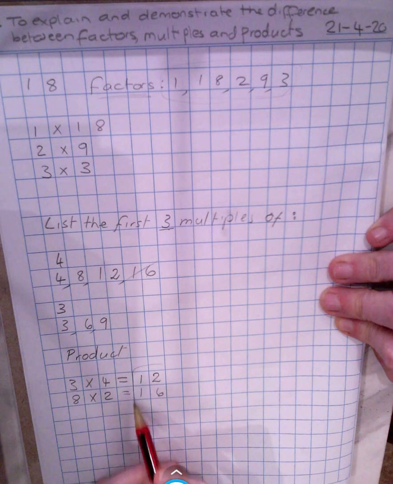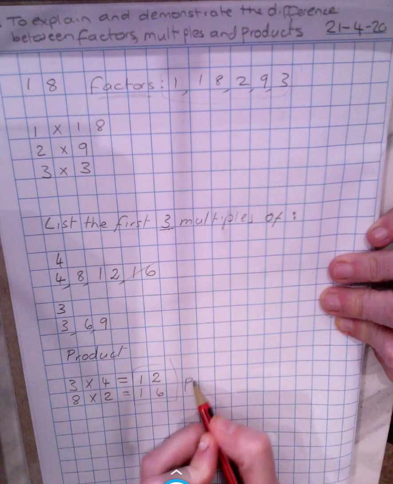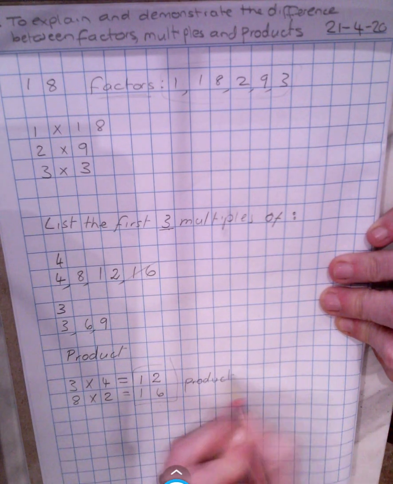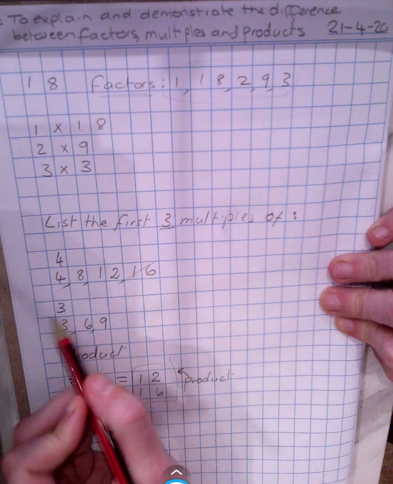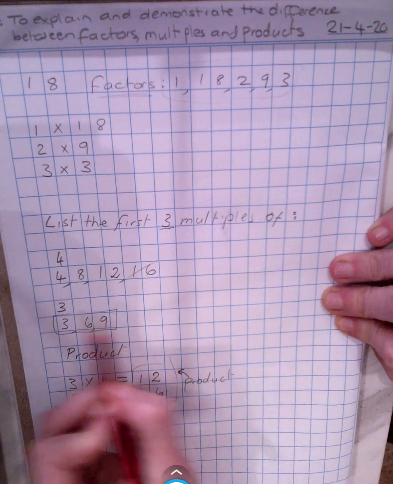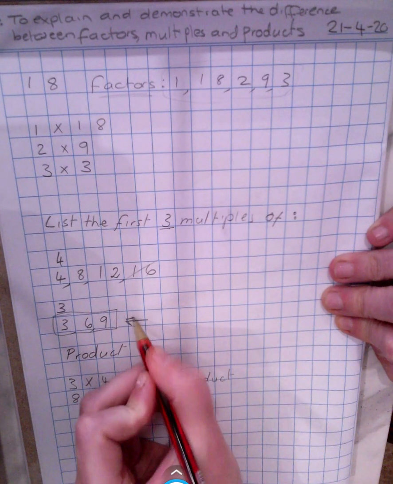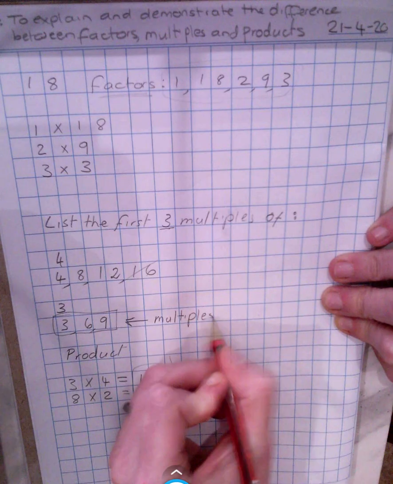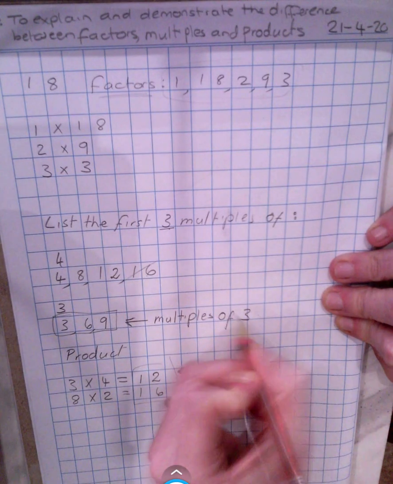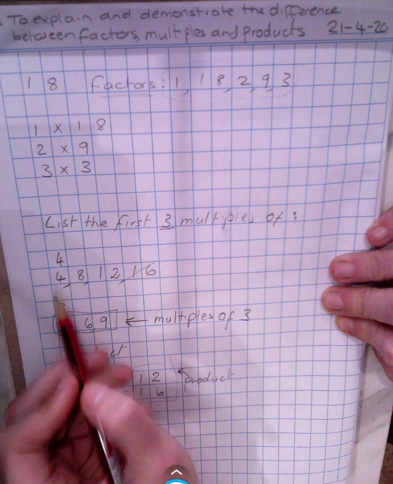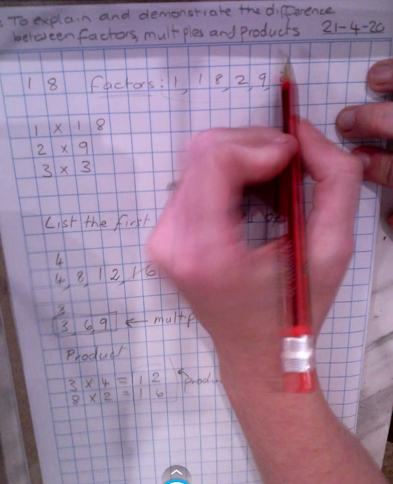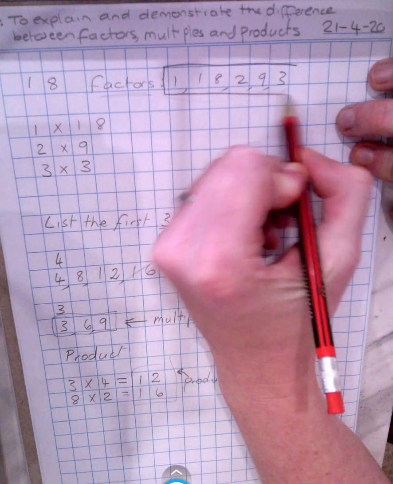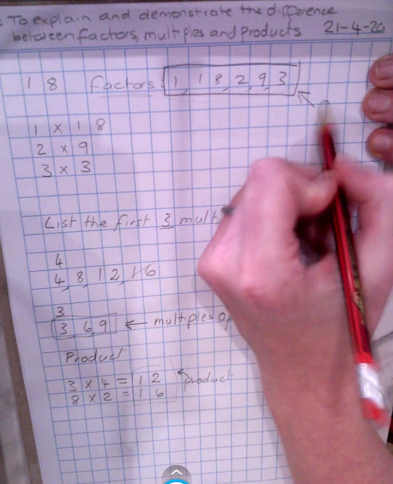So these here is the product. These are, what are they? Multiples of 3. And these ones here would be multiples of 4. And these numbers here are your factors.